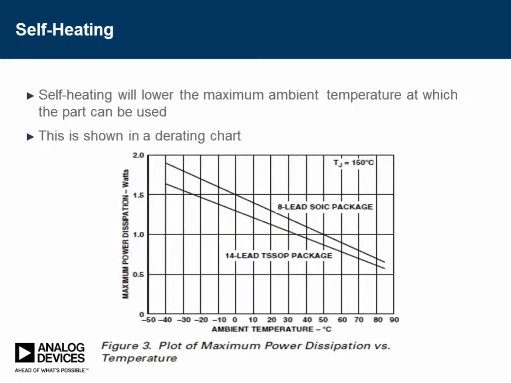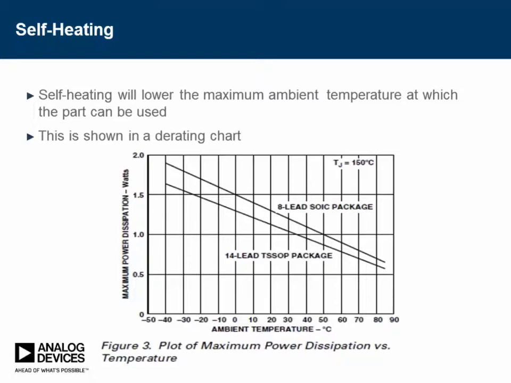So we have temperature derating curves, where it says that if you want to use the product at a certain wattage, then there's a maximum ambient temperature, or board temperature in some cases, that you can use the product at.